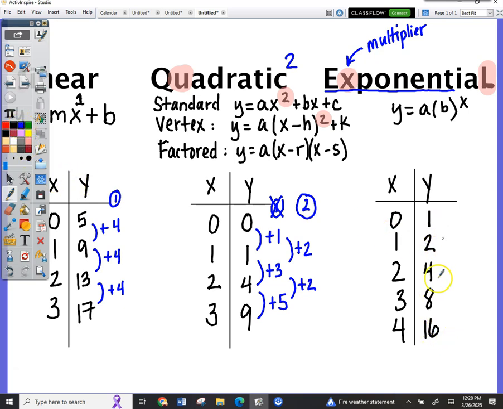So you come over here and you look at this and you should think to yourself, okay, 1 to 2 is plus 1. 2 to 4 is plus 2. 4 to 8 is plus 4. 8 to 16 is plus 8. Did not match, so it's not linear. Then you might say, well, it could be quadratic. 1 to 2, plus 1. 2 to 4, plus 2. Houston, we have a problem. I don't even need to finish. Second difference didn't match, so it's not quadratic.